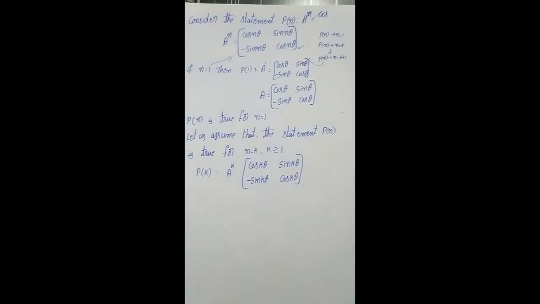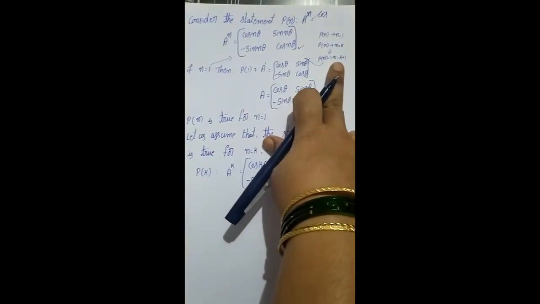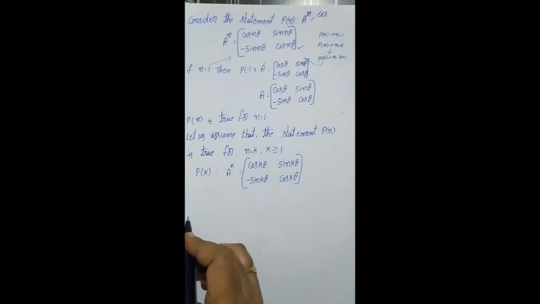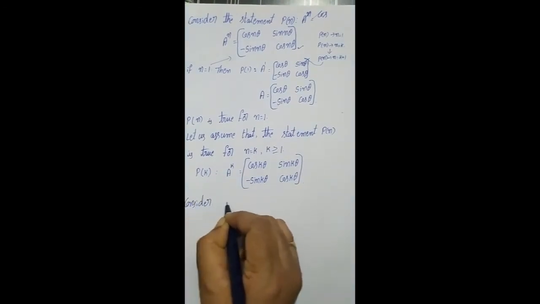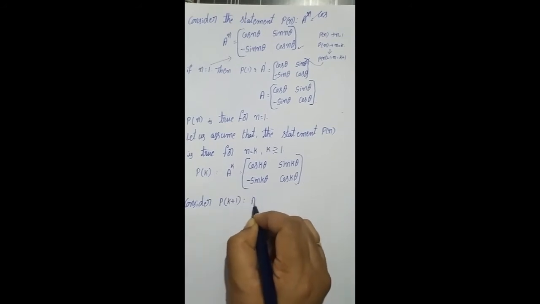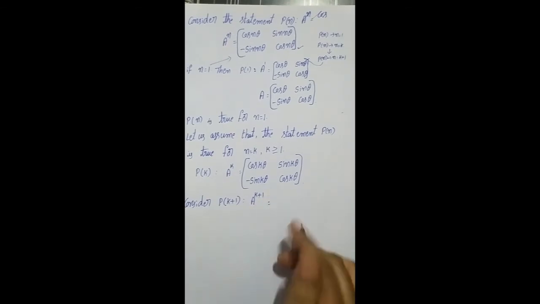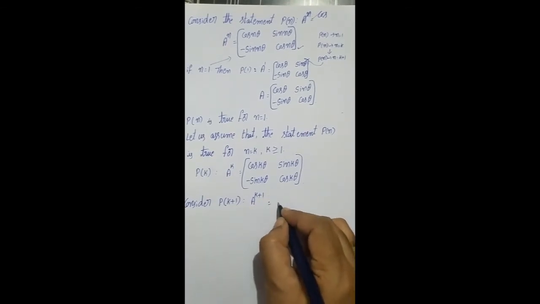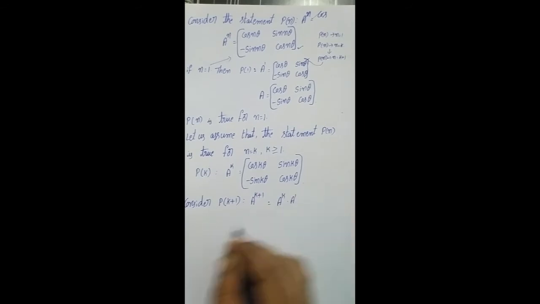This is our assumption. Next, we have to show P of n is true for n equal to k plus 1. For that, consider P of k plus 1, such that A power k plus 1 is equal to A power k into A power 1.